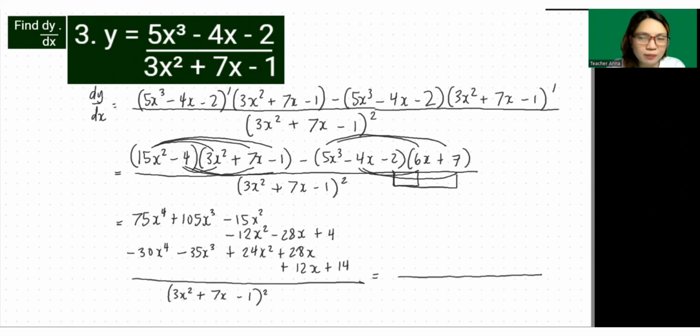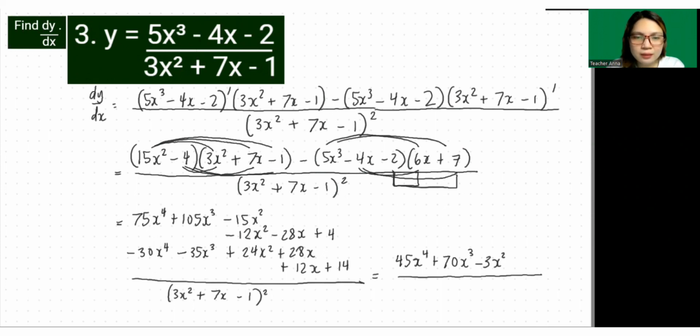We have 75, negative 30, so that's going to be a 45x raised to 4. Then 105, negative 35, so that is positive 17x cubed. And then negative 15, negative 12, negative 27 plus 24 is negative 3x squared.